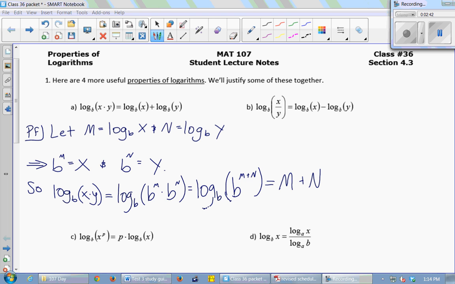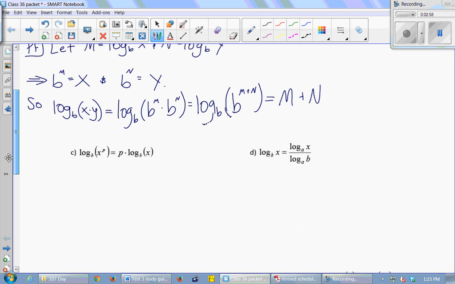When you do the log of something, you ask yourself, b is the base, b to what power would give me b to the m plus n? The m plus n. If that's not clear to you, you can write it out. At this step, you could say this equals something that I don't know. I'll call that thing x, and this says b to the x equals b to the m plus n. And then you go, oh, x is m plus n. It has to be m plus n.